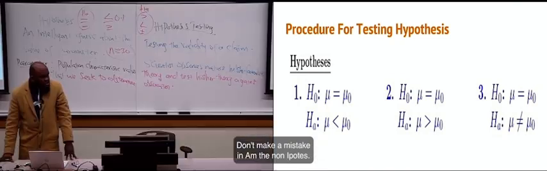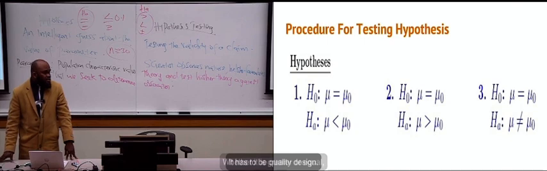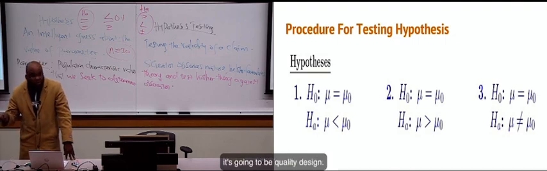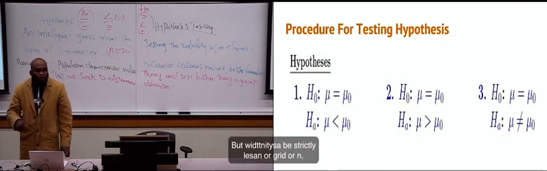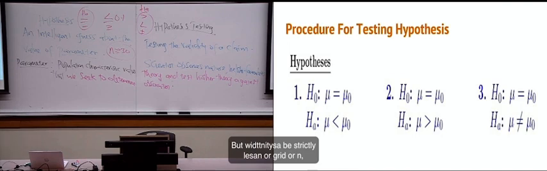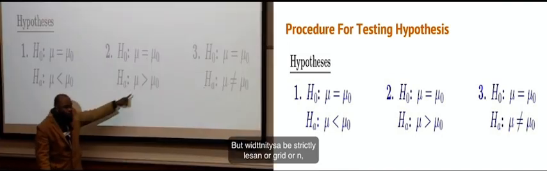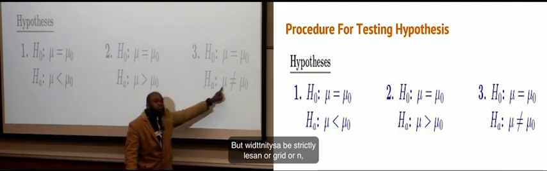Don't make a mistake in the exam. In the null hypothesis, it has to be an equality sign. Whether it is greater or equal, it's going to be an equality sign. Whether it is less or equal, it's going to be an equality sign. But the alternative is going to be strictly less than, greater than, or not equal to.